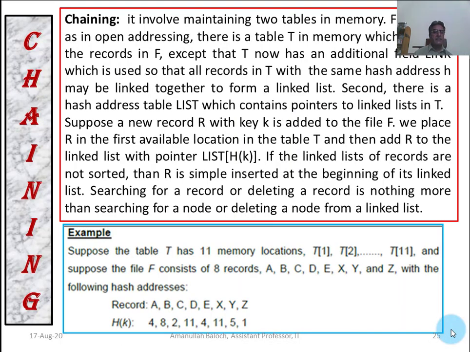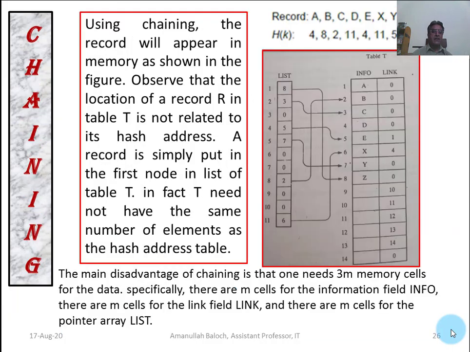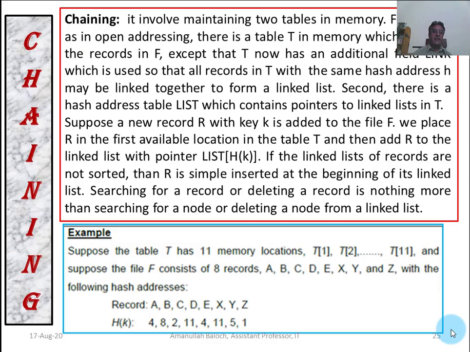Similarly, the next technique for solving the collision resolution is chaining. It involves maintaining 2 tables. Instead of 1 table, it maintains 2 tables in memory. First of all, as in open addressing, there is a table T in memory.